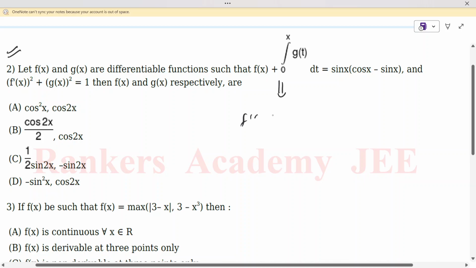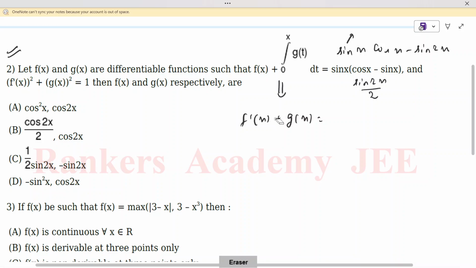To differentiate now, f dash x plus g of x should be equal to what? This function is actually sin x into cos x minus sin x. So sin x into cos x is actually sin 2x by 2. So derivative of sin 2x will be what? 2 cos 2x, so 2 cos 2x by 2.